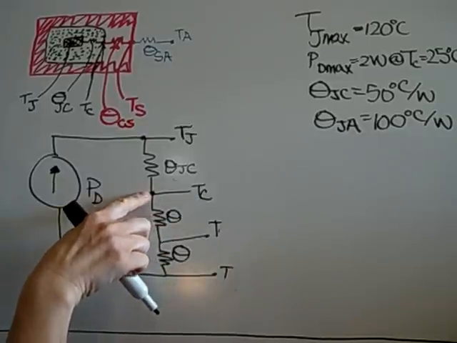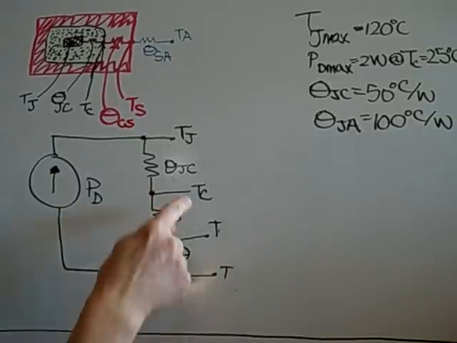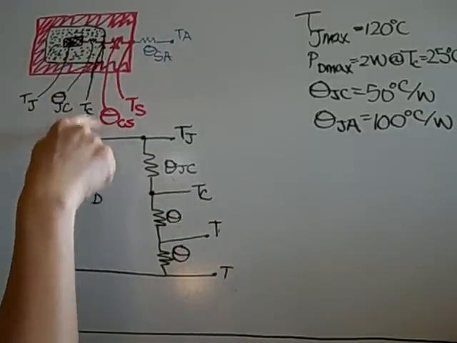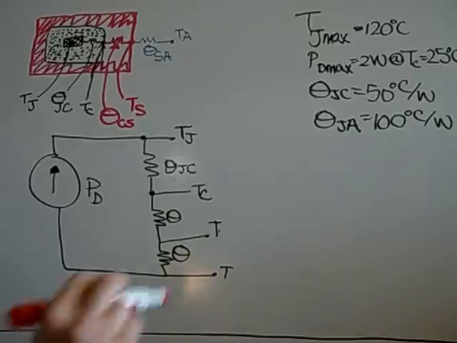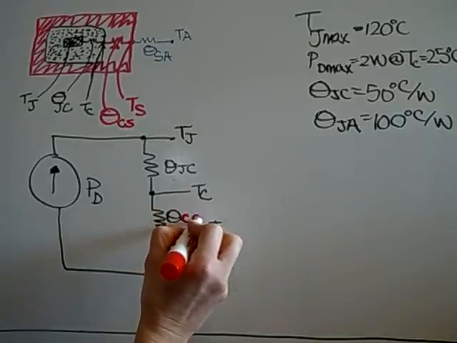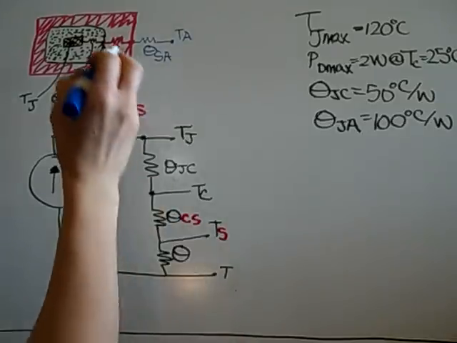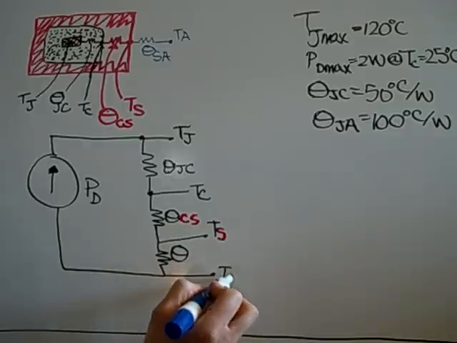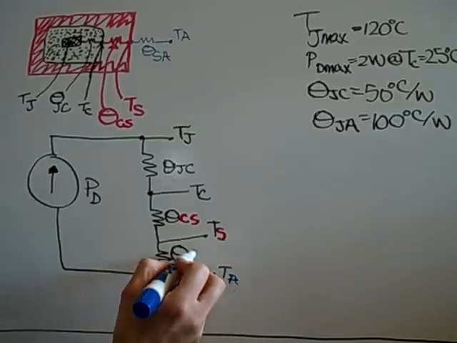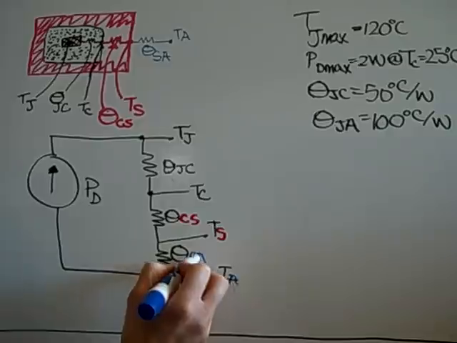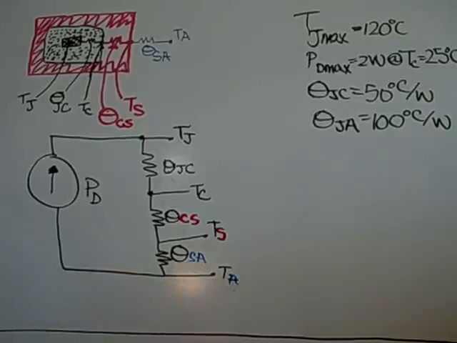This then would be your location at the end of the case. Then just like here, it would be theta CS, so the case to the sink. This will be your sink. Once you reach the sink, then the outside of that will be to the ambient. So this will be sink to your ambient.